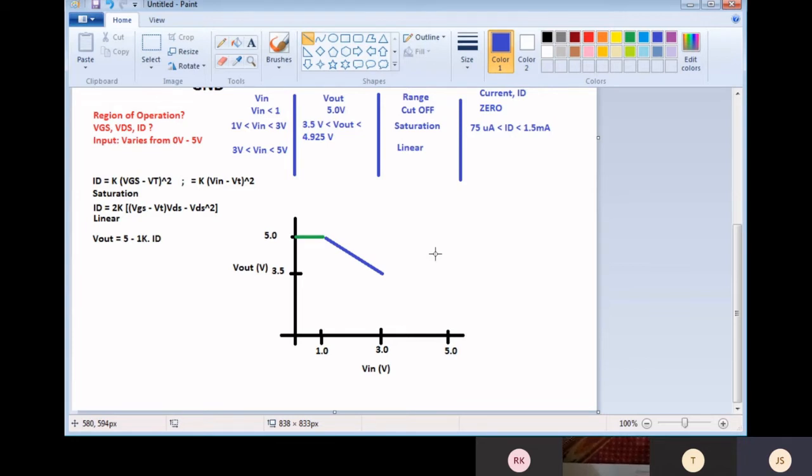So what is the last range, between 3 to 5? We need to fill up this graph, so that is why we want that last value.